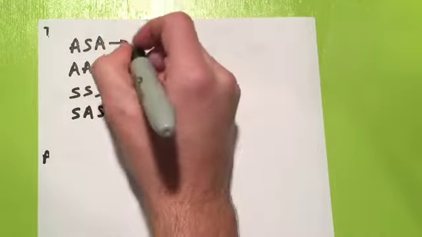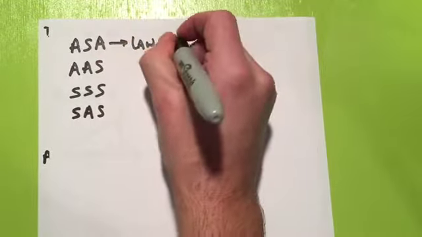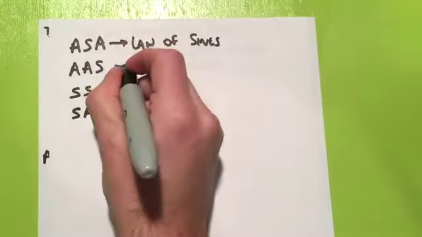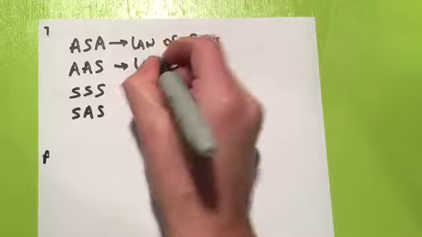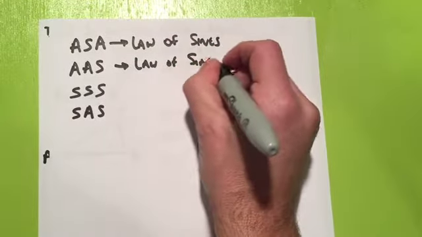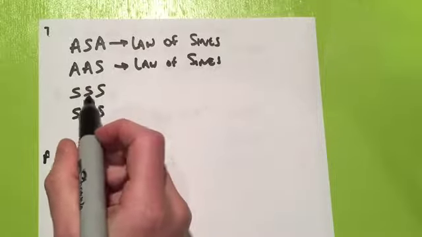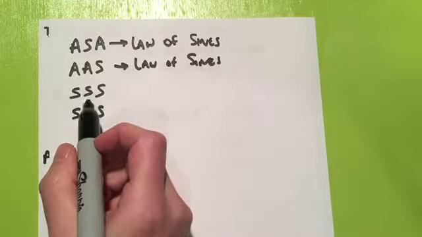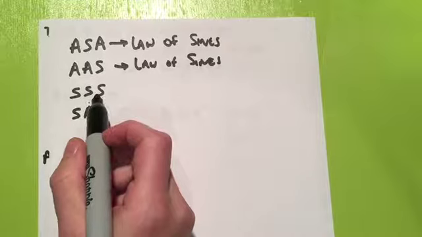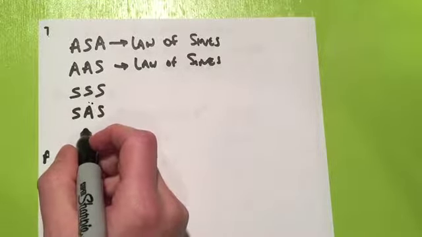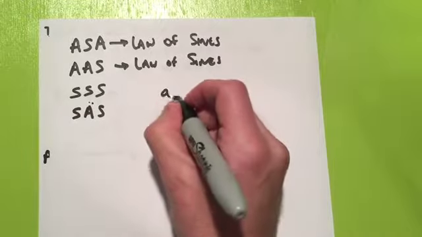So the law of sines will solve angle side angle, and the law of sines will solve angle angle side. If you try it out, think about an example with those two. If you have three sides, or two sides and an included angle, think about how that might look with the law of sines.